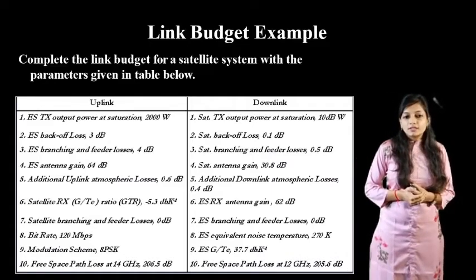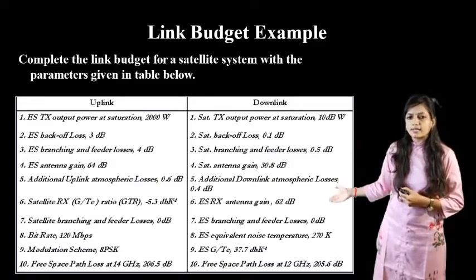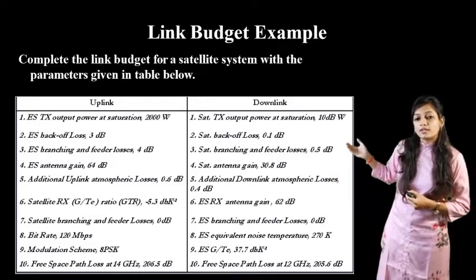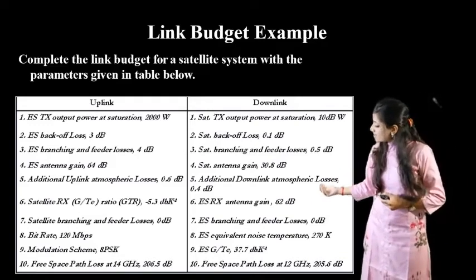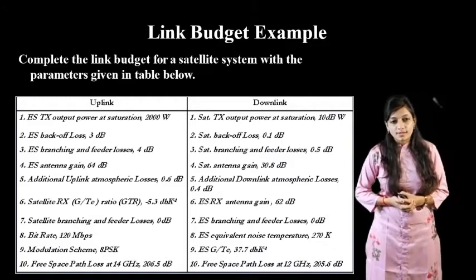We can consider the satellite branching and feeder loss for uplink as 0 dB. But when we deal with the downlink, we need to consider the earth station branching and feeder loss, which is approximately 0 dB.